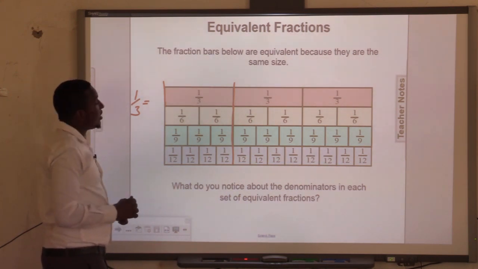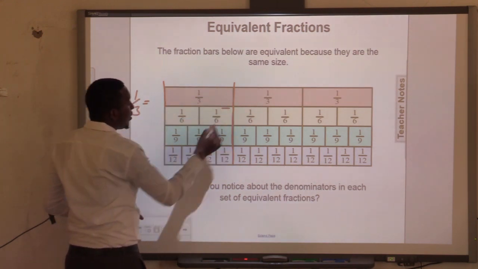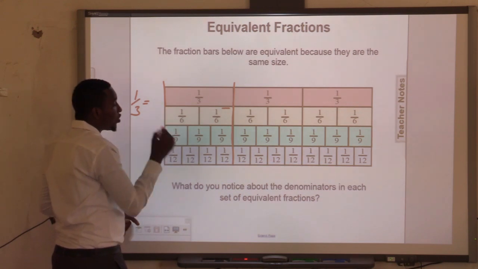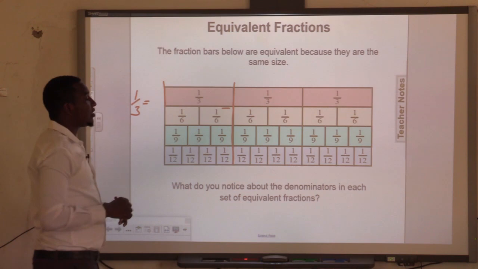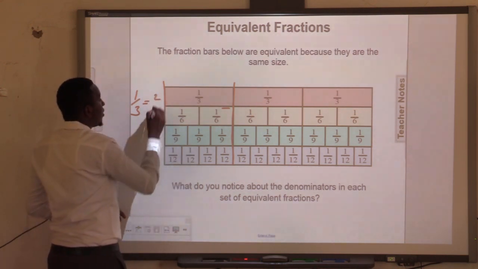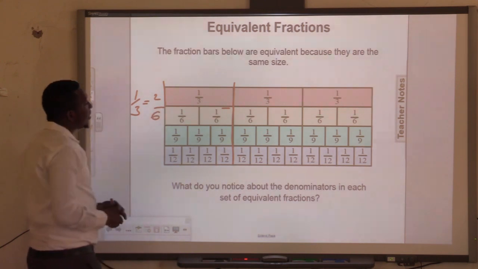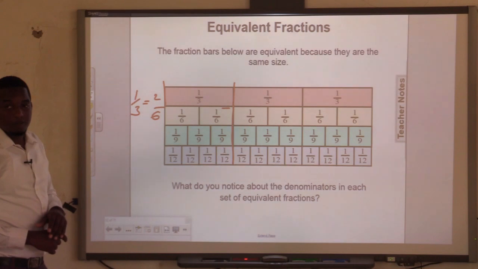So in order to have a fraction that is equivalent to 1/3, you need 2 fractions of 1/6 added together. So we need 2/6 in order to give us a 1/3.